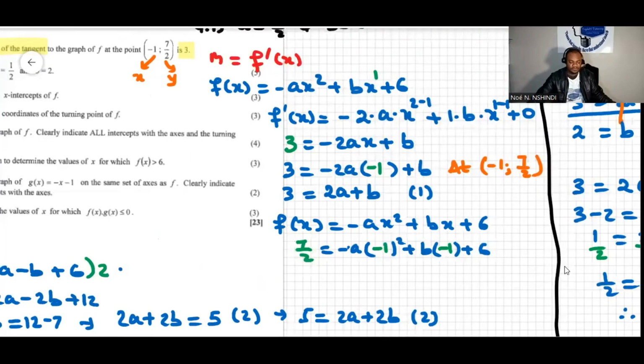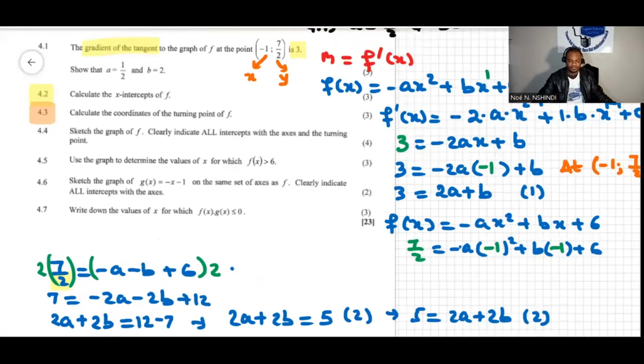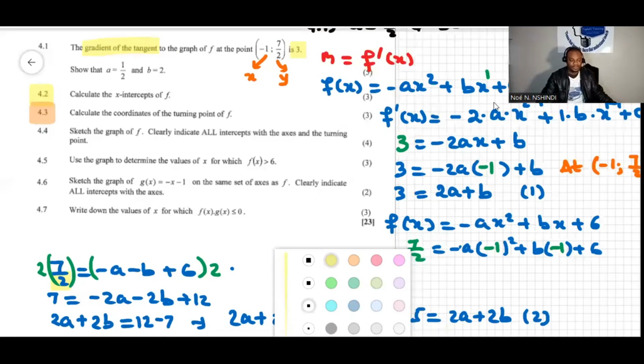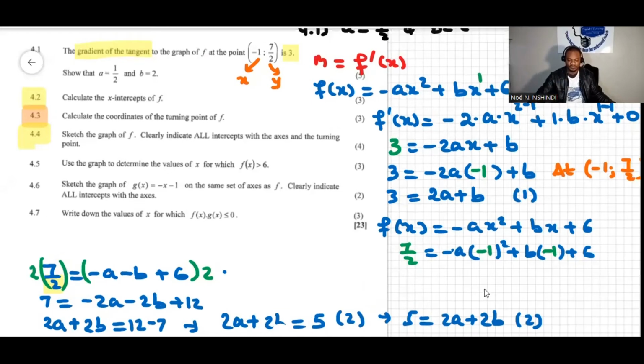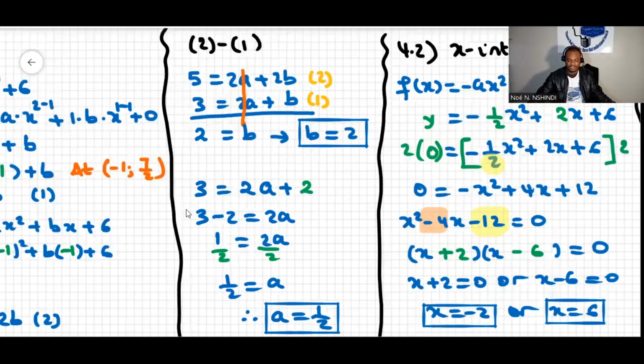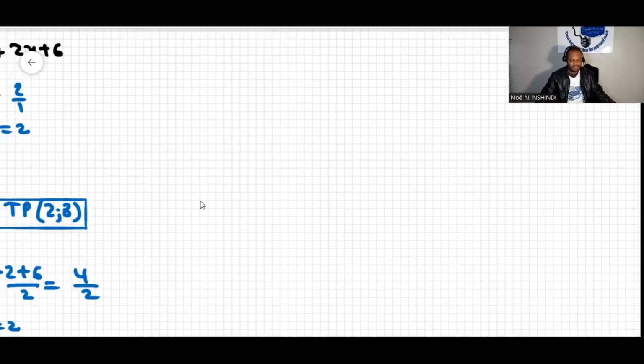Let's move over here. The question says, sketch the graph of f, clearly indicating all intercepts with the axes and the turning point. All right, let's move the board like this. I'm going to split it here.